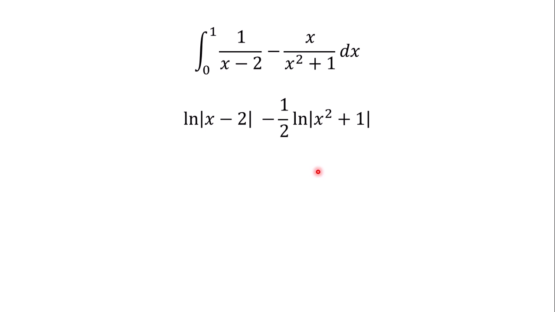Anytime you want to evaluate or find the value of an integral, after integrating, just put the upper limit into the expression. Whatever you get, just subtract from it the value you get after putting the lower limit into the same expression. So first, let's replace the upper limit.